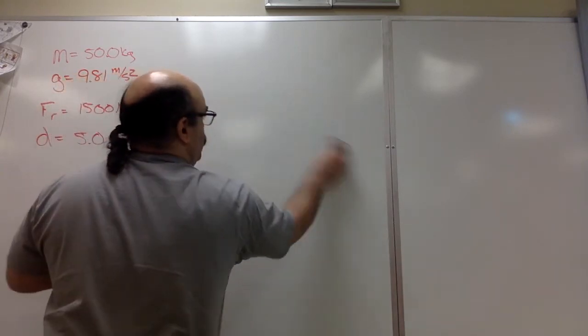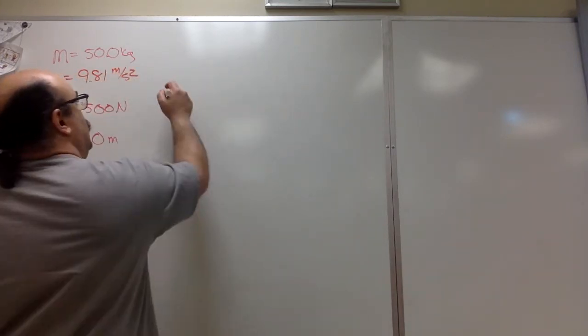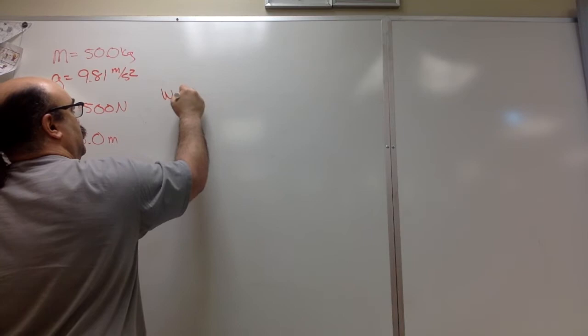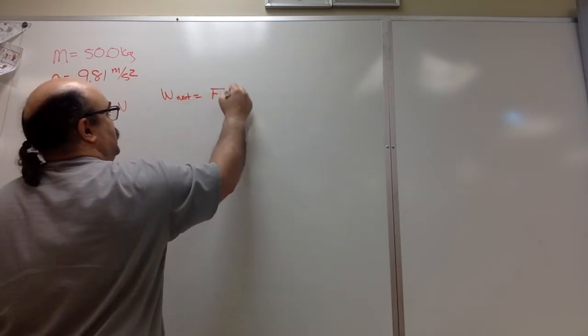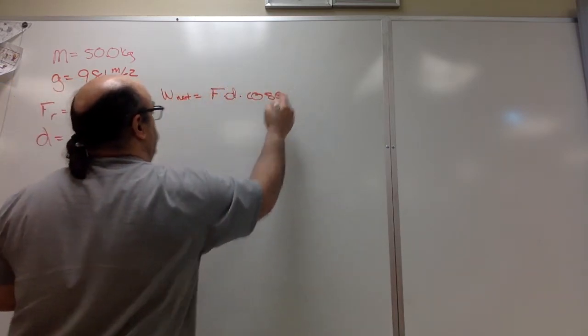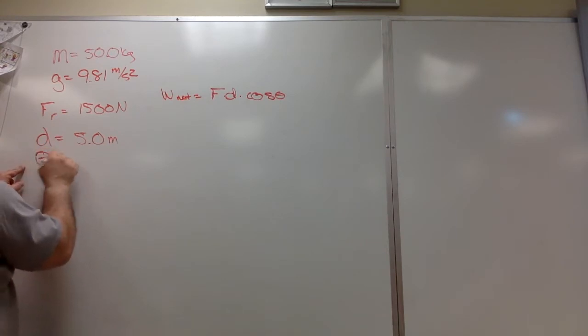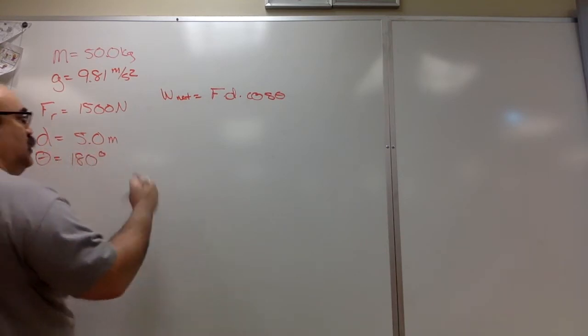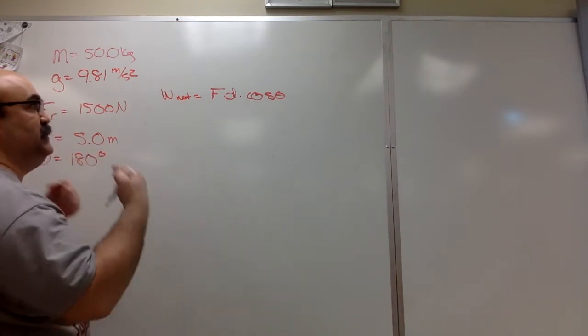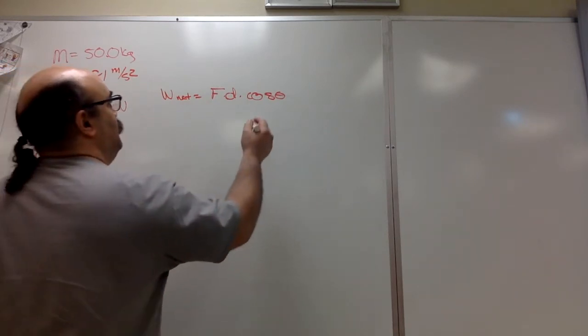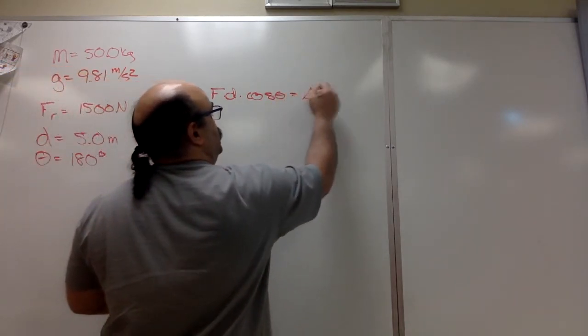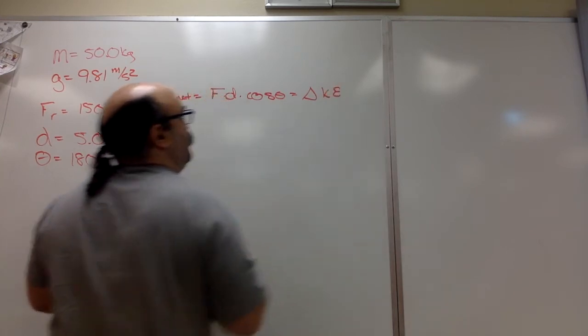So we got the diver falling. Well, we know net work is force times distance times the cosine of the angle between them. In this case, our theta is 180. Cosine of 180 is going to be a -1. But we also know this is equal to the change in kinetic energy.